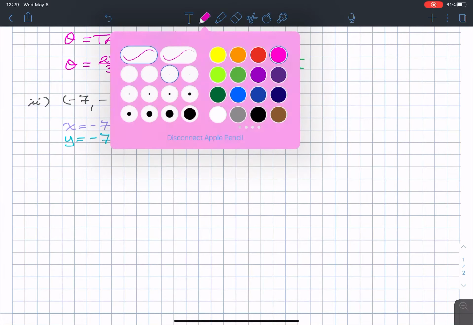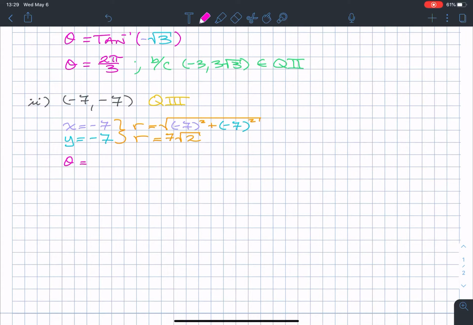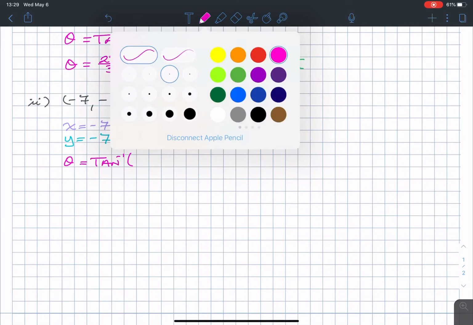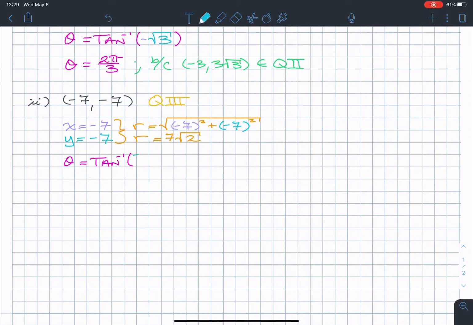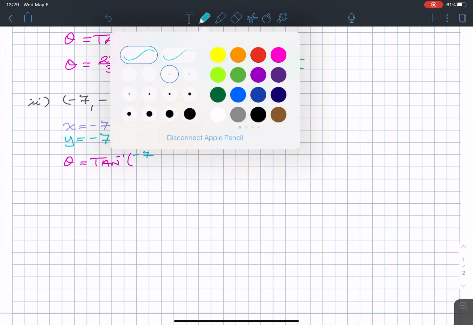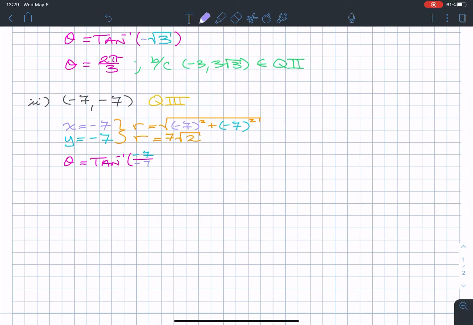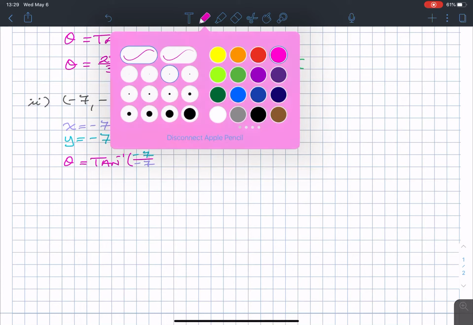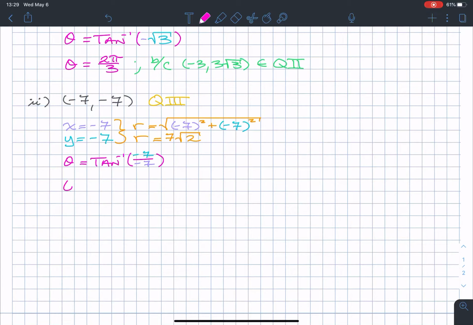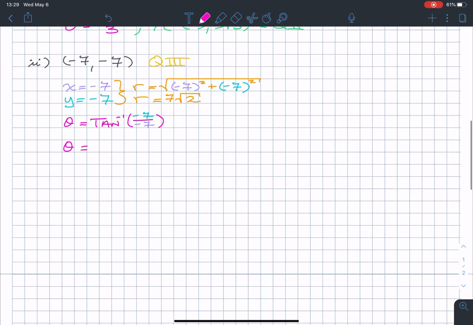Now the angle theta, I know, is the inverse tangent of -7 over -7, y over x. So I have the inverse tangent of 1. Normally that would be in quadrant 1 at the 45-degree angle.